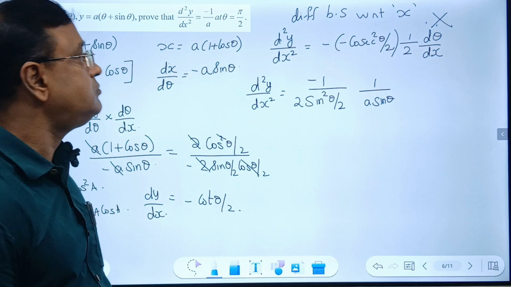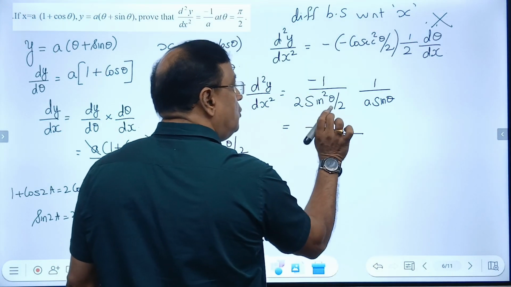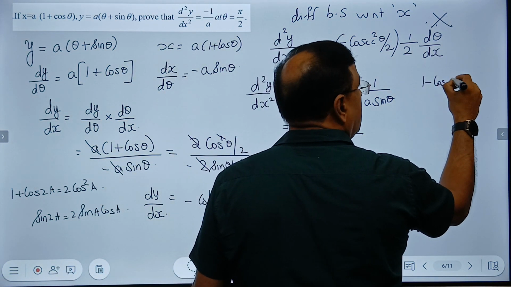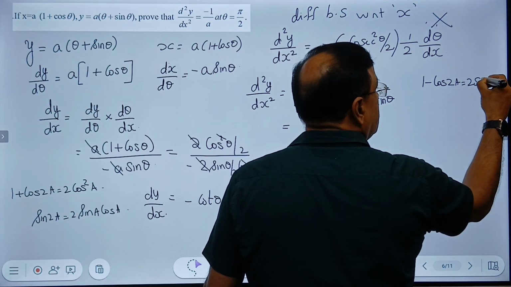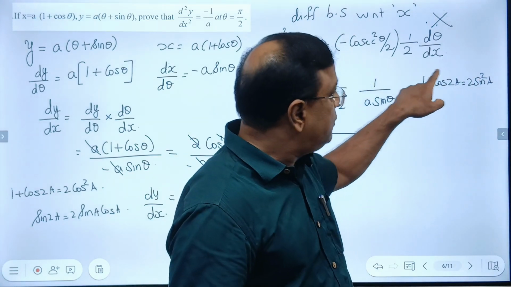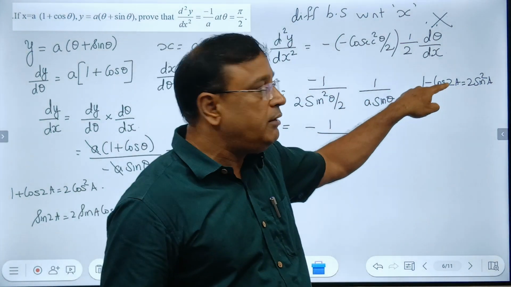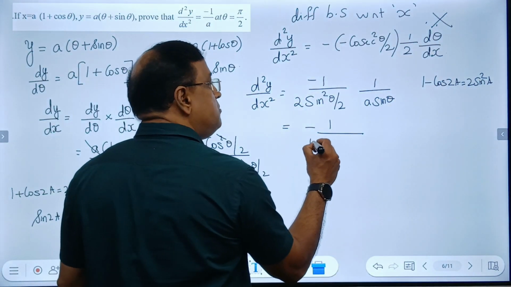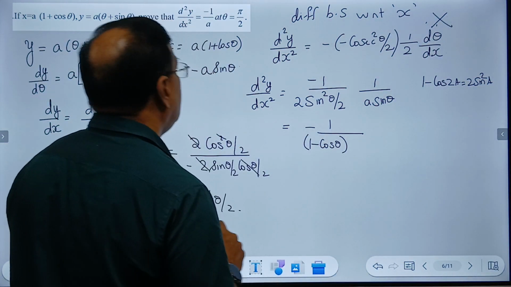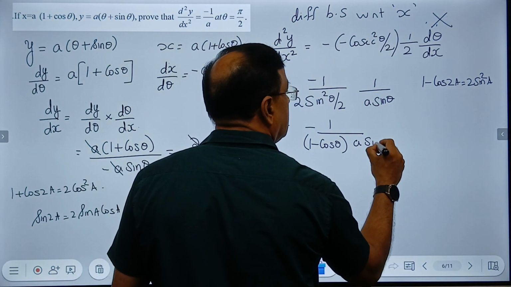Okay, now this is minus 1 by 2 into 1 by sine square theta by 2. 1 minus cos 2a is 2 sine square a. I am using this formula. So if it is 2 sine square a, it is 1 minus cos 2a. It's a double angle, but here it is theta by 2. So 2a will become theta. Okay. So it will be 1 minus cos theta, and this will be a into sine theta.